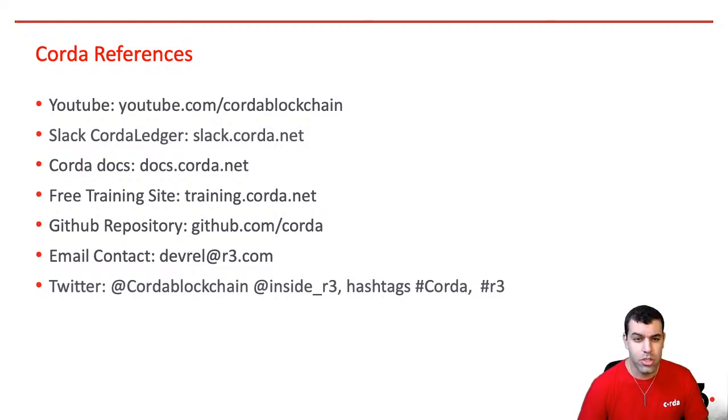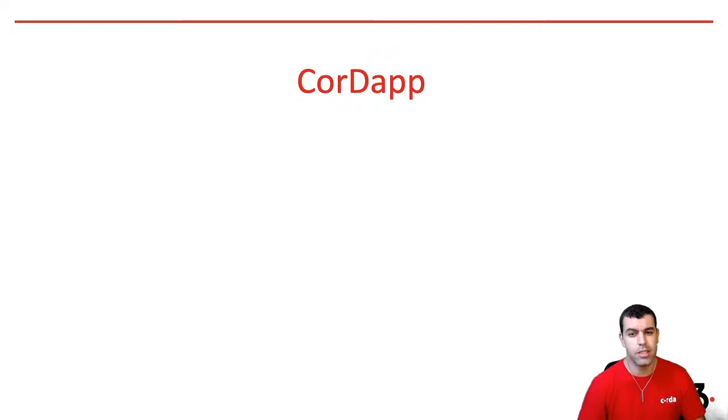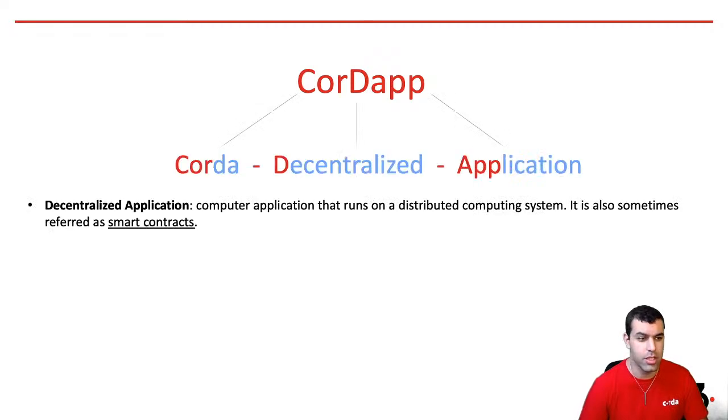So just to get us started here with the basics, the first question to really ask is, what is a CorDapp? A CorDapp essentially is a Corda decentralized application. What that means is it's essentially an app that runs on a distributed computing system. We also sometimes refer to them as smart contracts or code running on top of a blockchain transaction, which can be really powerful.